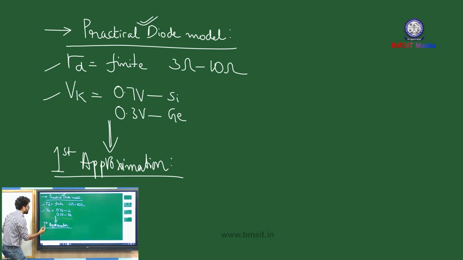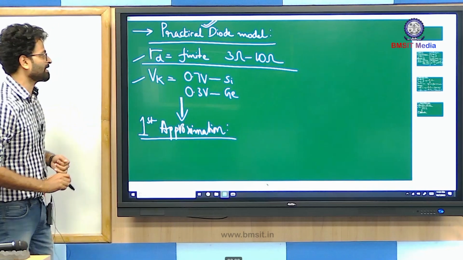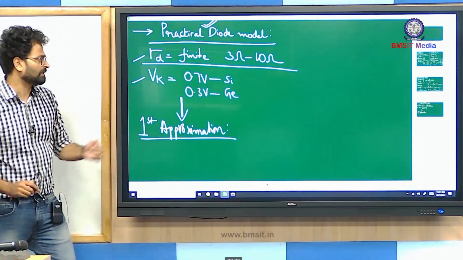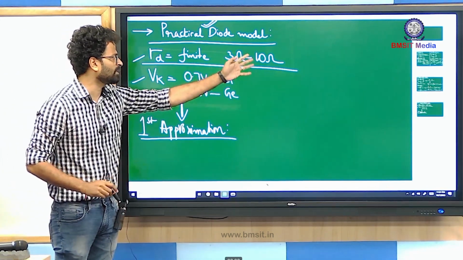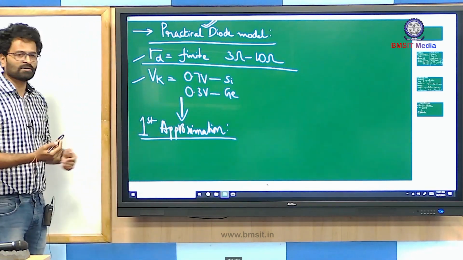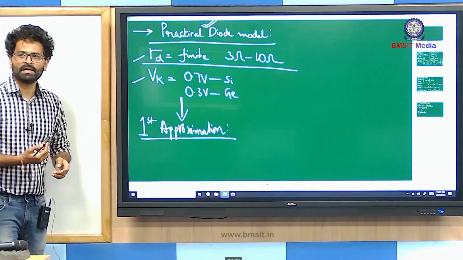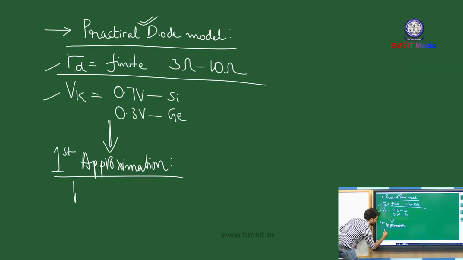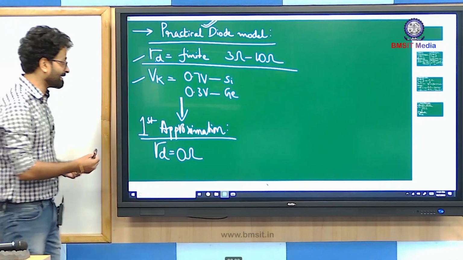Okay, so as you can clearly observe, the dynamic resistance is quite small. Generally it varies from 3 ohms to 10 ohms. So for the sake of analysis, this dynamic resistance can be neglected. So we can assume Rd is equal to 0 ohm. And on what basis are we neglecting this?